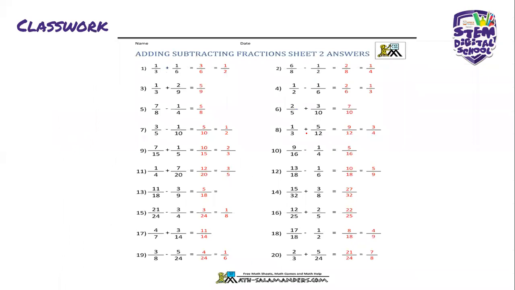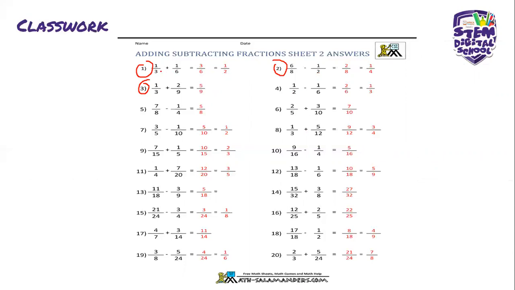Right. So here are the answers for number 1. Here's for number 2. And here's for number 5. You can see here that in these instances, they use the other number as the lowest common denominator, because 6 is a multiple of 3.